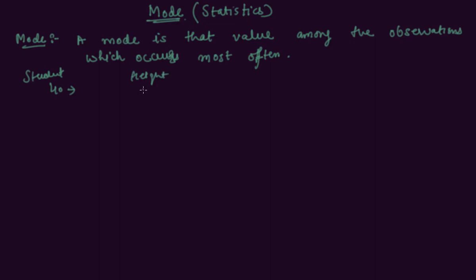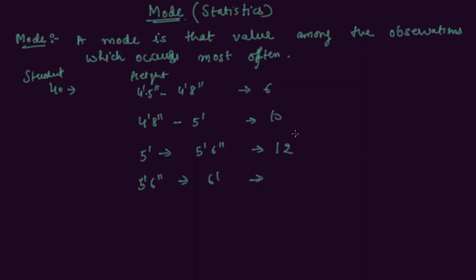If the height lies in the range of 4 feet 5 inches to 4 feet 8 inches there are 6 students, 4 feet 8 inches to 5 feet there are 10 students, 5 feet to 5 feet 6 inches there are 12 students, and 5 feet 6 inches to 6 feet there are 14 students.